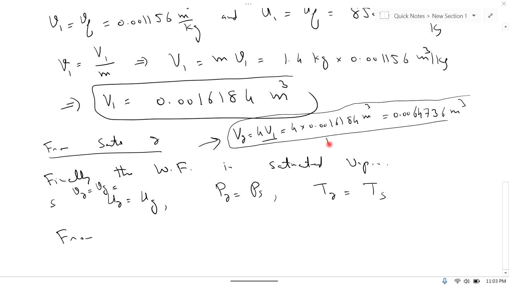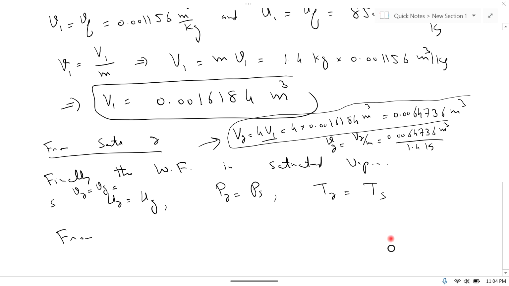Now we can find specific volume from this. V2 is equal to total volume divided by mass, which is 0.0064736 meter cube divided by 1.4 kg.